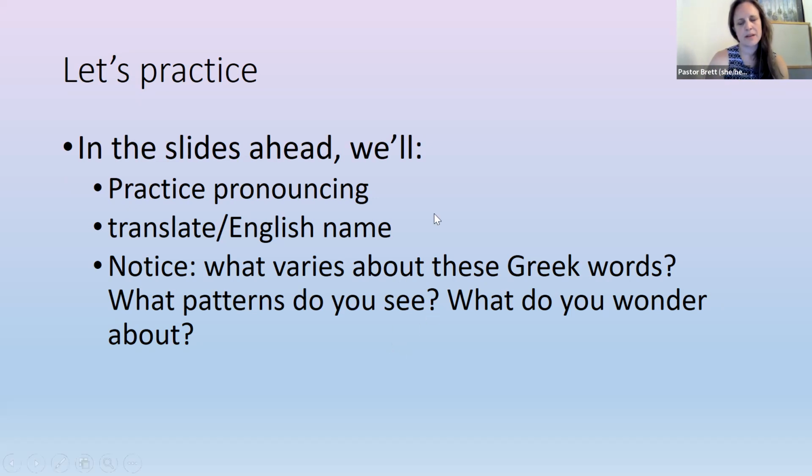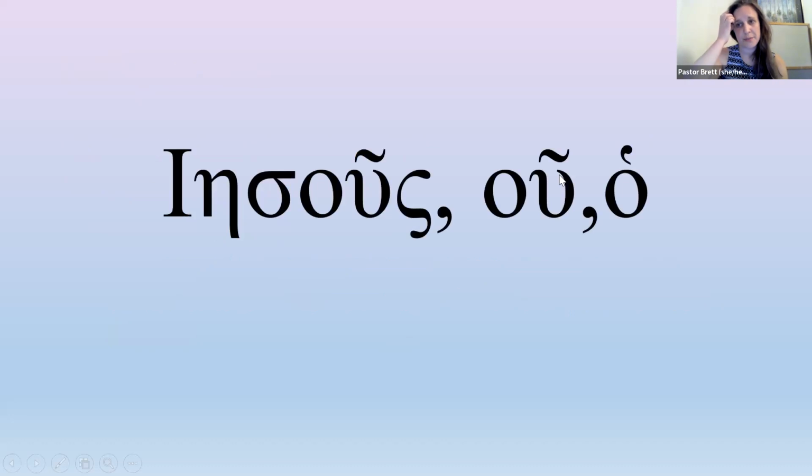Okay, it'll make sense. Here's the first one. So who do you think this is? We showed this one briefly last time. Also, I'll note one thing as we start this. This is the Greek Times New Roman font, but in Greek there are 3 accents.